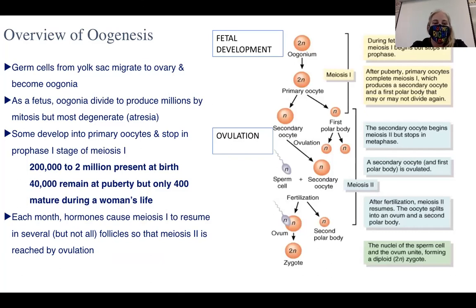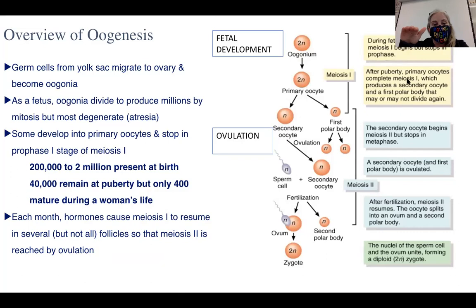The kind of cool thing about eggs is that in utero, and we kind of talked about this in class, the egg that made you was actually created in your grandmother's body when your mother was an embryo. So when your grandmother was pregnant with your mother, who was a little embryo, that egg was created. It started meiosis one.